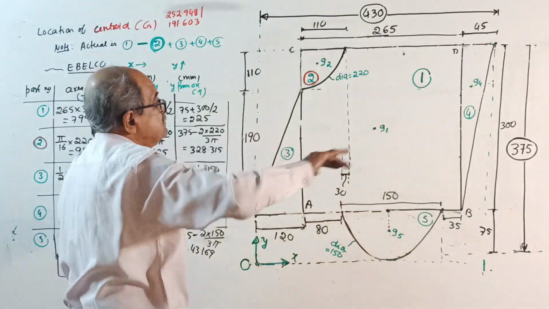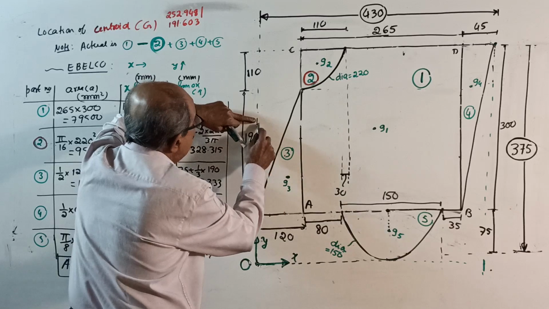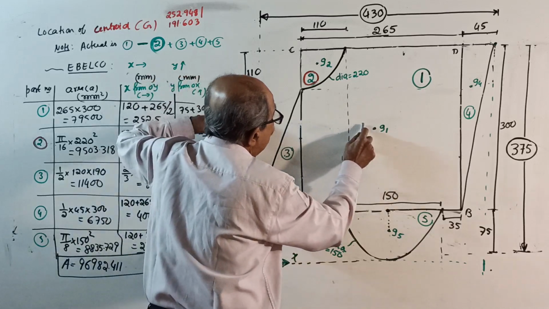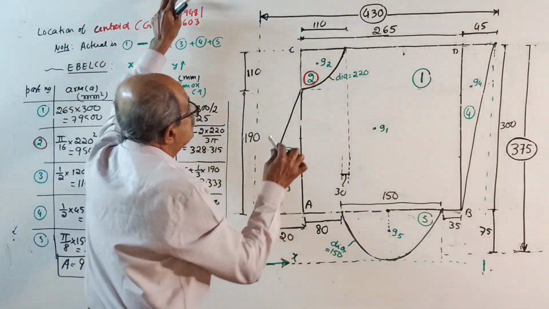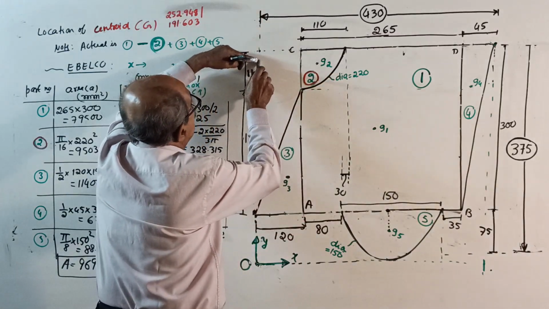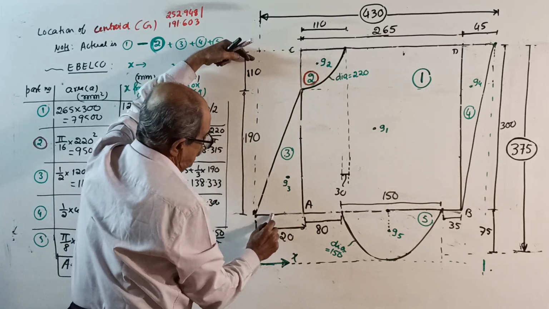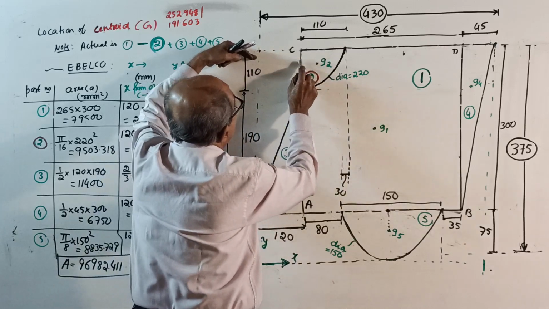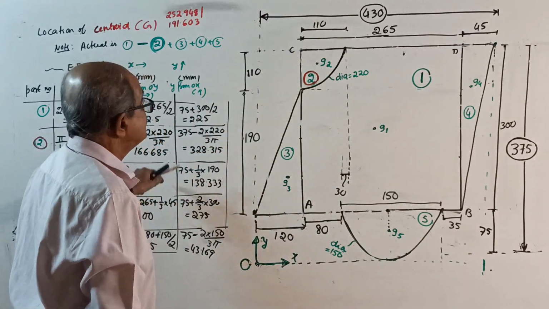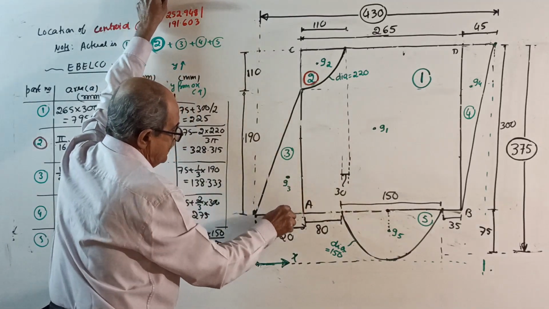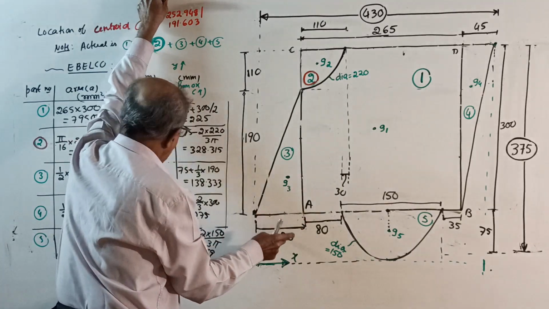Now X. G1, see, 120 plus half of 265. X2, see here, from here, 120 plus 2d by 3 pi, 2 into 220 by 3 pi, write it. X3, see, this is 120, so this is 2 by 3 of 120.